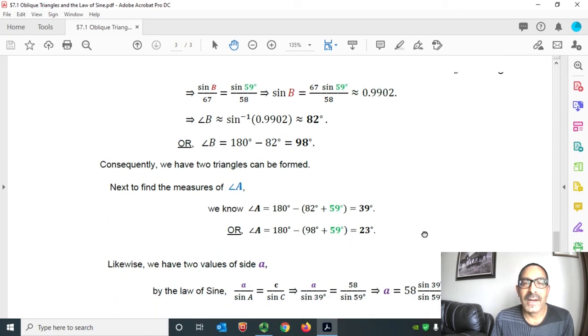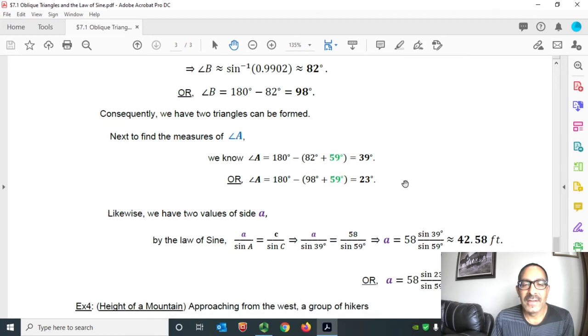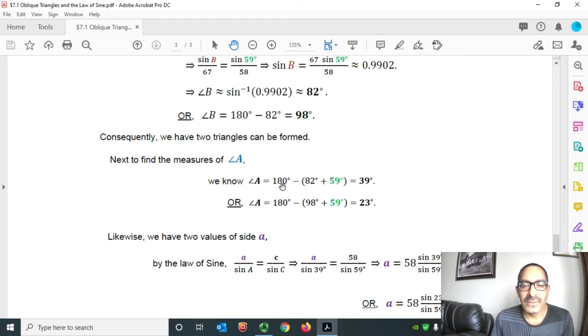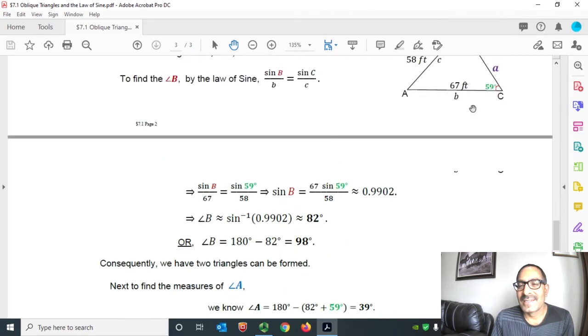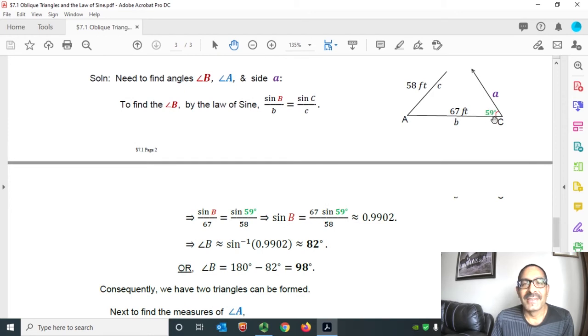To find the angle A, angle A equals 180 degrees minus (82 plus 59) degrees, or angle A equals 180 degrees minus (98 plus 59) degrees. So angle A can be 39 degrees or 23 degrees. I hope this makes sense to you all. And 59 degrees is the given angle C. Awesome. Let's move on.